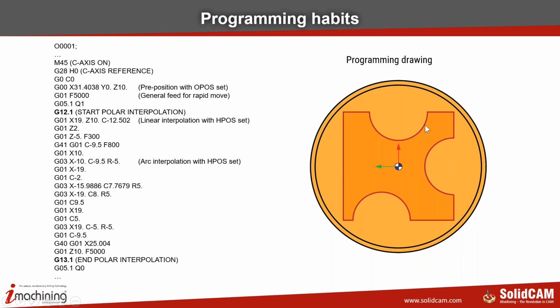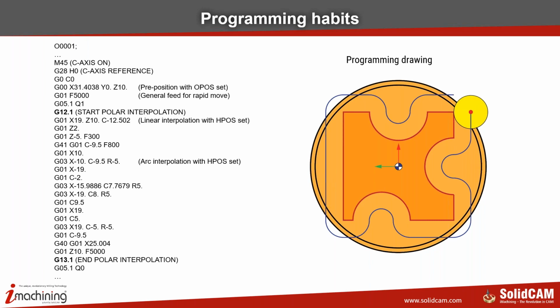So I can see if my part is rotating in the correct direction, if I'm getting the right image, and if the angles are all correct. Just for you, I put here the dimensions, so you can have a feeling for the profile size. And then here's the toolpath.